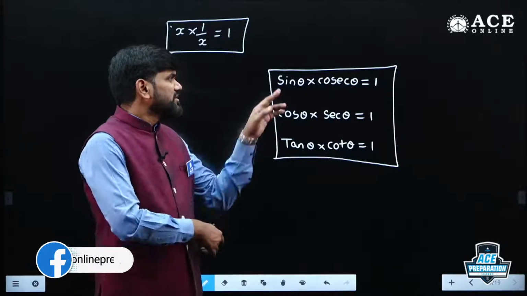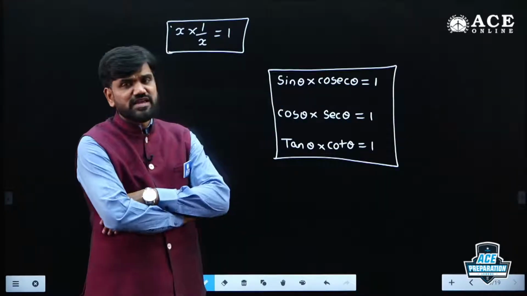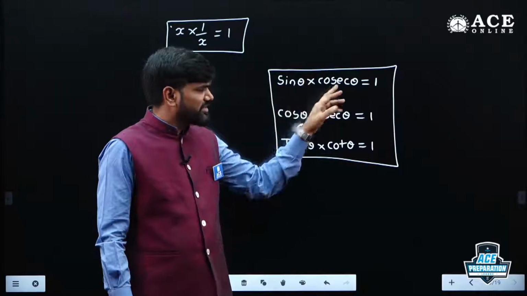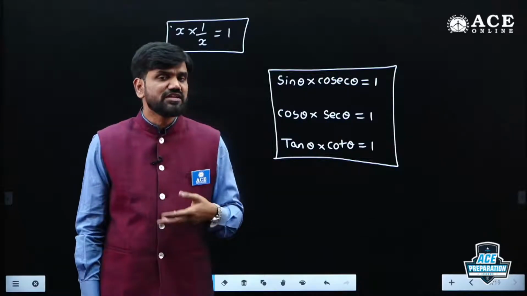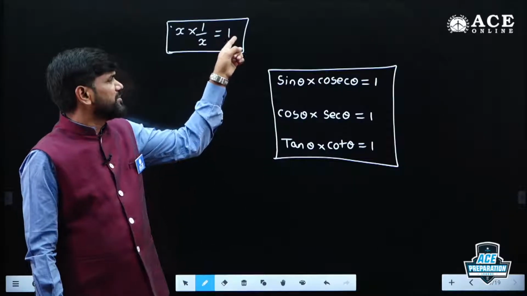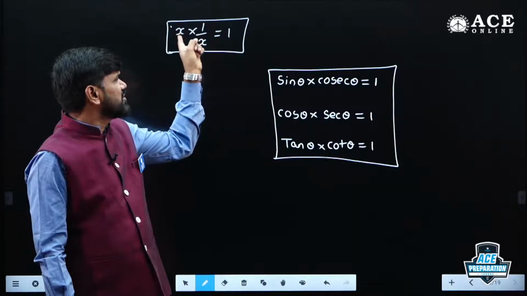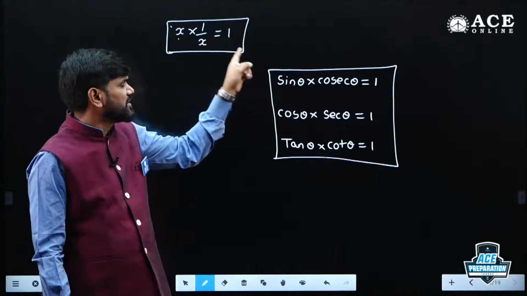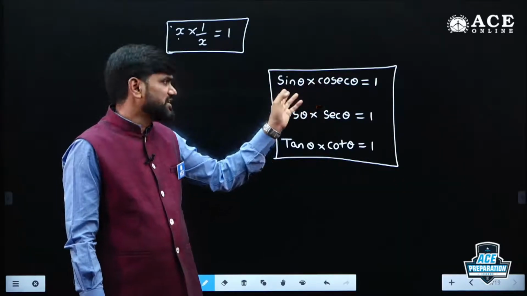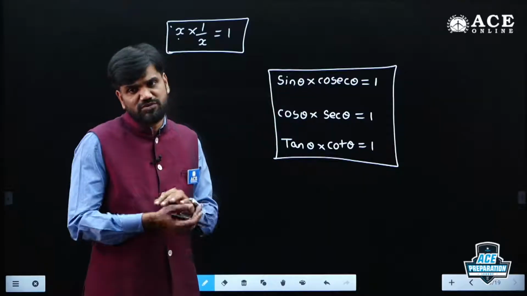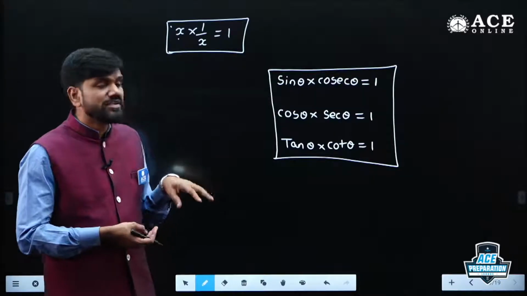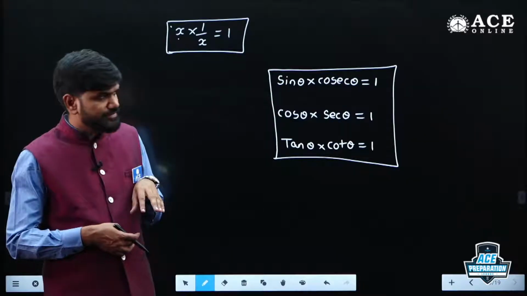Similarly, if x plus y together is adding up to 90 degrees, what are the relations that are going to come under? So here x into 1 by x will be always equal to 1, we know. Based on that logic, if this is x, 1 by x will be what? So sin theta is there, 1 by sin theta will be what? Cosecant theta. That is why I am just saying sin theta into cosecant theta equal to 1. Similarly, cos theta into secant theta equal to 1. So tan theta into cot theta will also be equal to 1.